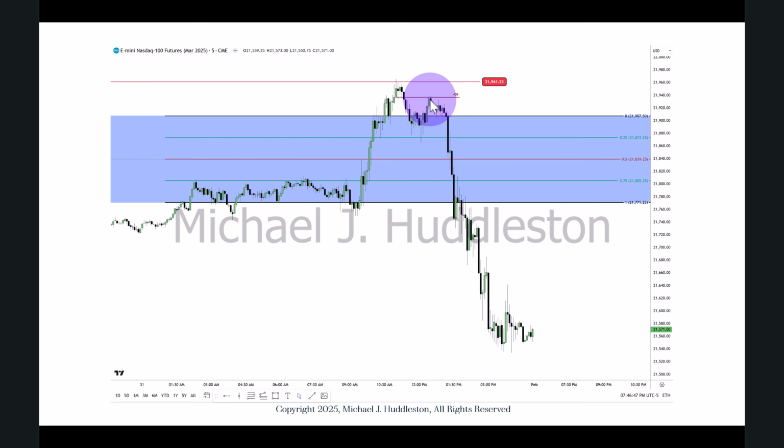And here I'm interested in going short. So when price was hanging around in here, I said to myself, it's likely to go lower.